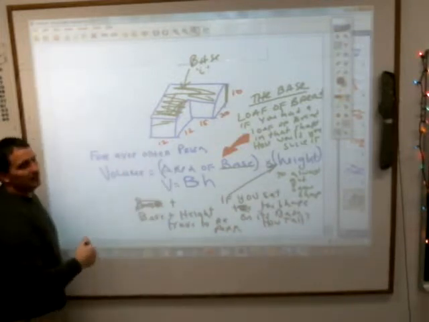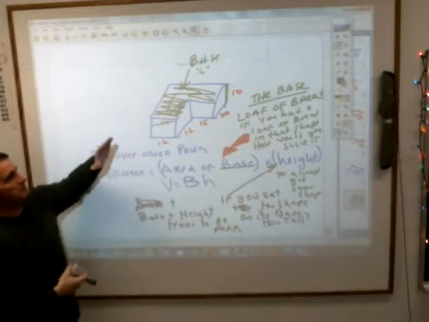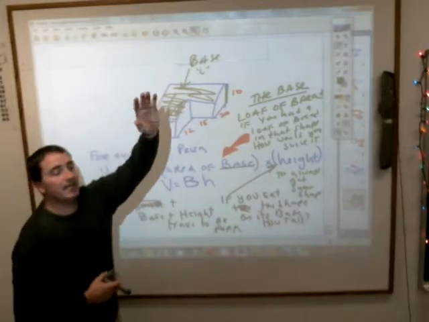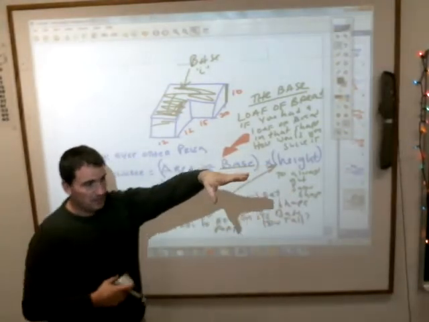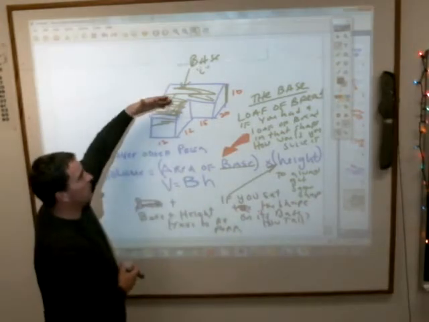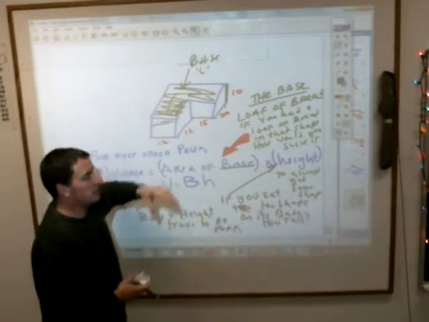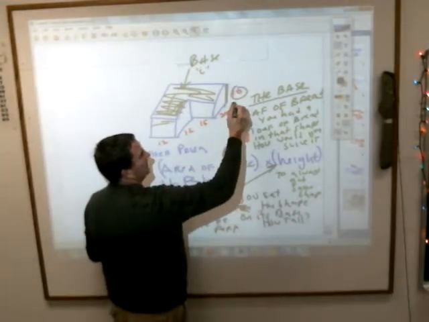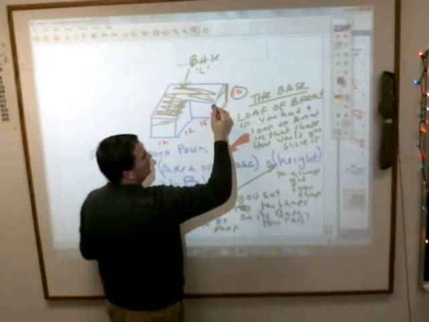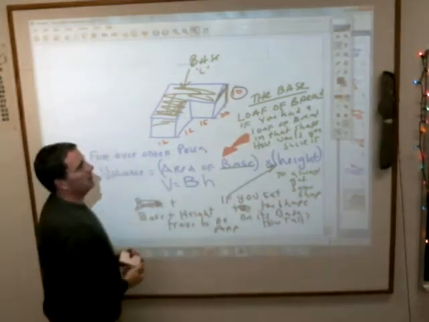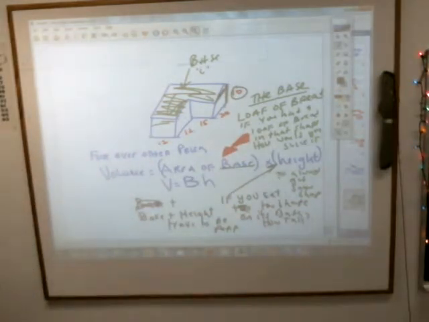Now in this case that I gave you, they are. This shape is setting on its base, and it's setting on its bottom, like I think Christine said. Okay? But if I would flip it over and set it on its side, it doesn't change what the base is. The base is always going to be this L shape. The height is always going to be 10, because 10 is perpendicular to the base. That's how high that thing is there.